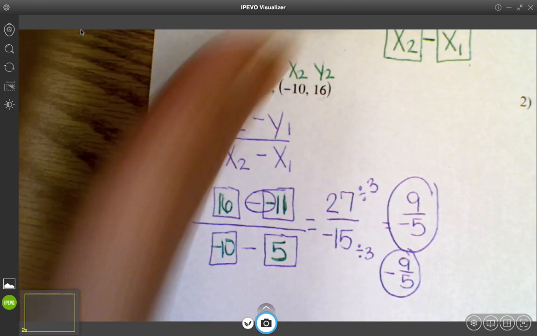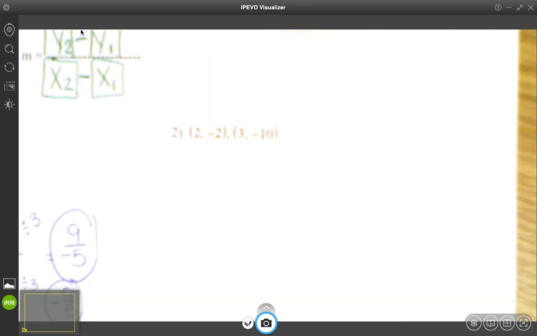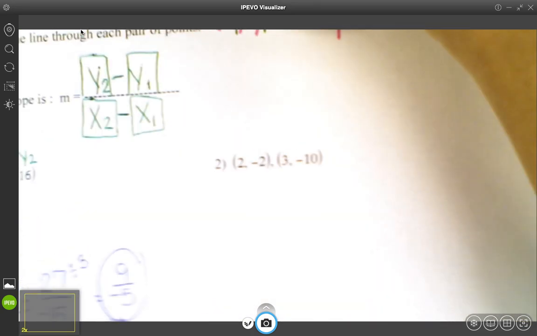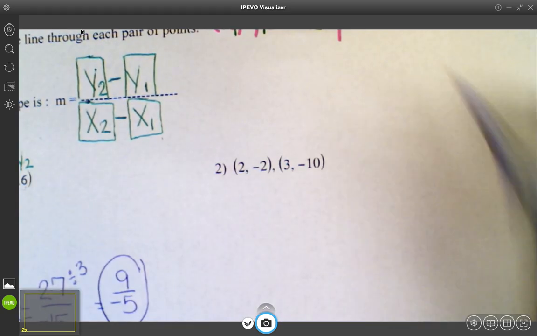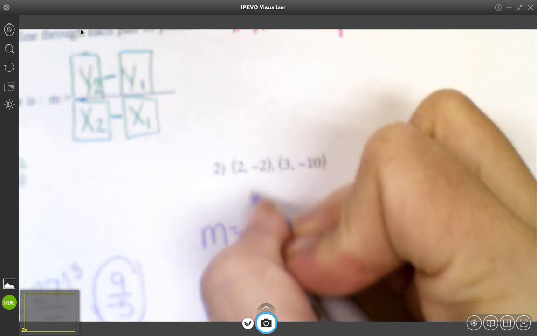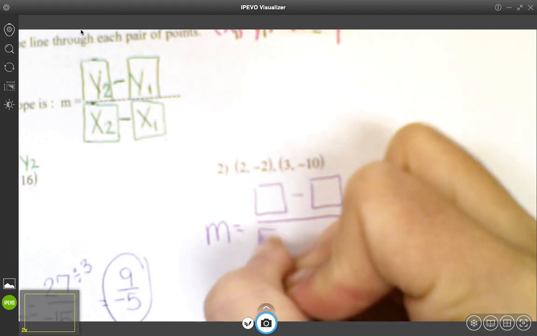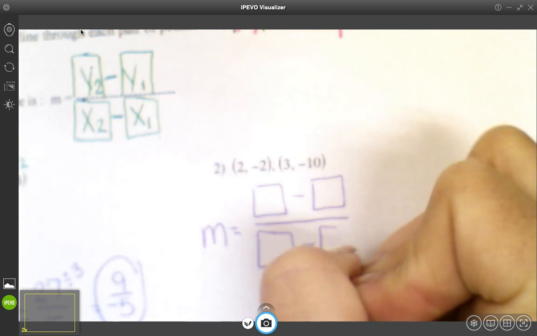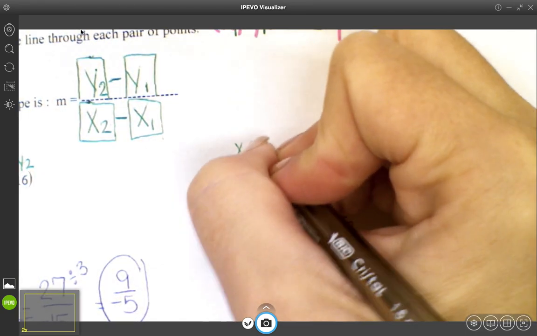All right, so we are ready to try another one, and we're going to follow this same format. Now, I have the boxes written up here, so I'm not going to write the formula again. I'm just going to put empty boxes. And I know this is x1 and y1.